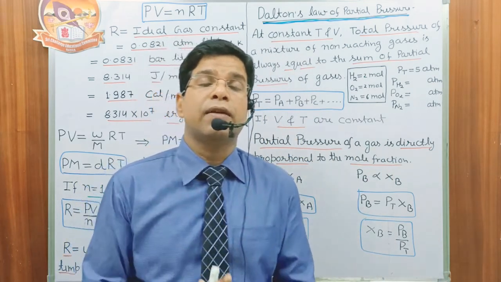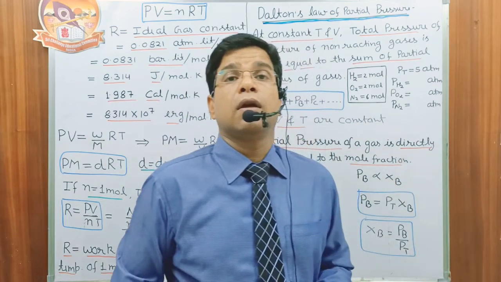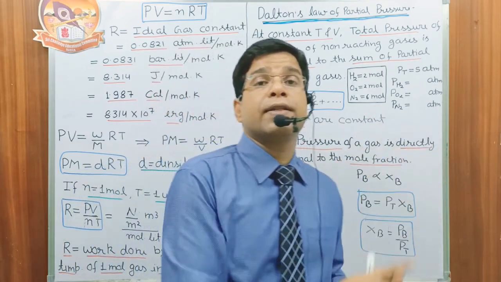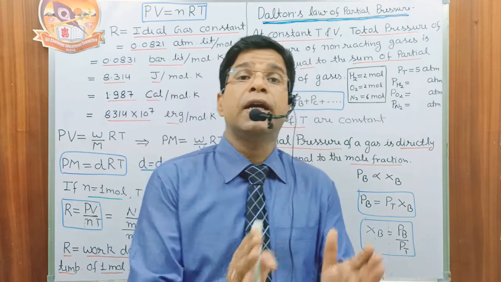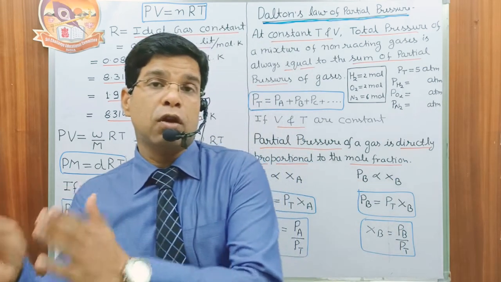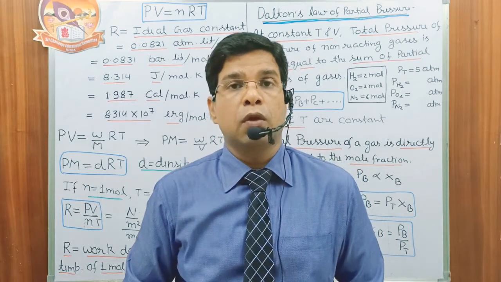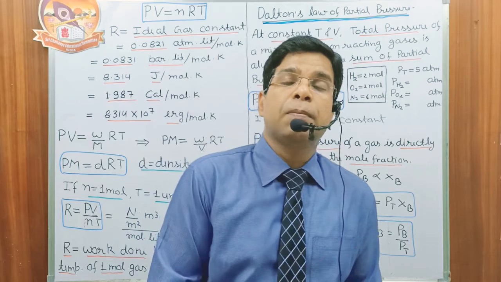Suppose we have gases A and B, then molecules of A exert some pressure and molecules of B also exert some pressure. So the total pressure in that container will be the addition of the pressure of gas A and the pressure of gas B. This is the simple way to represent Dalton's law of partial pressure.